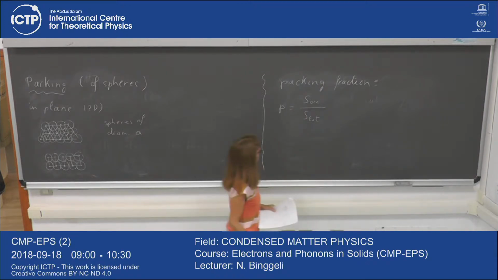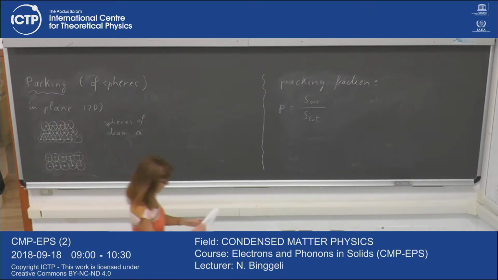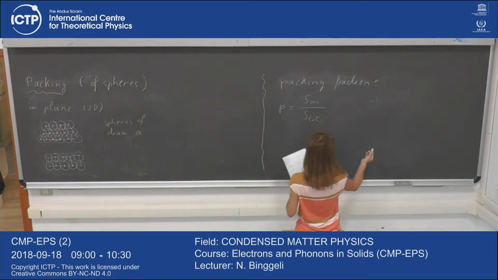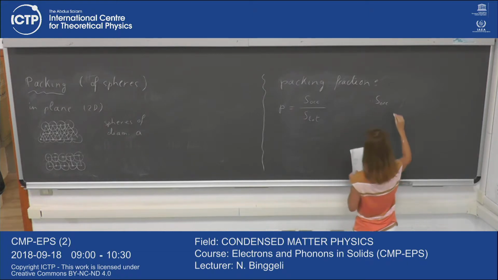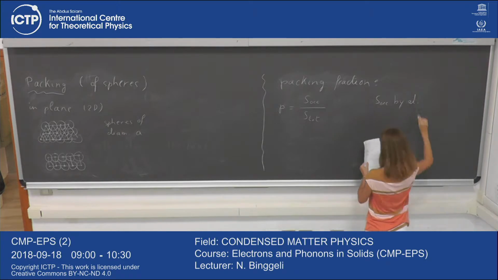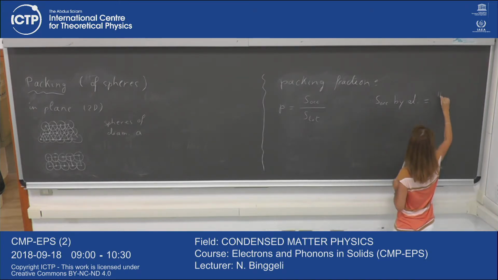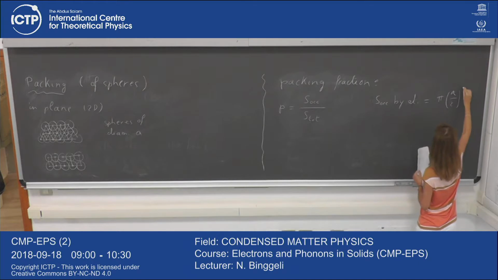So this will be just the surface of my disk divided by the total surface per atom or per disk. So the surface occupied by the disk or by an atom is just pi A over 2, the diameter, squared.